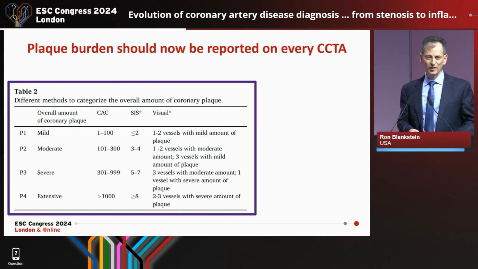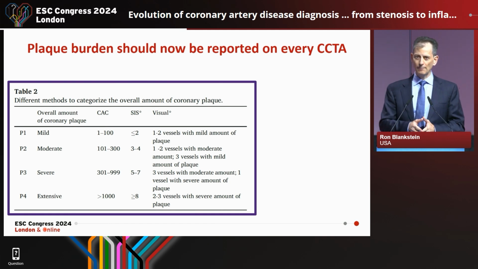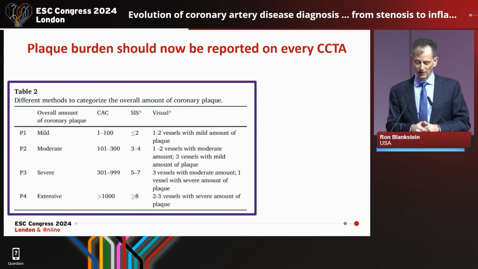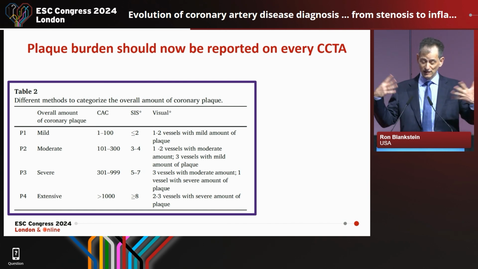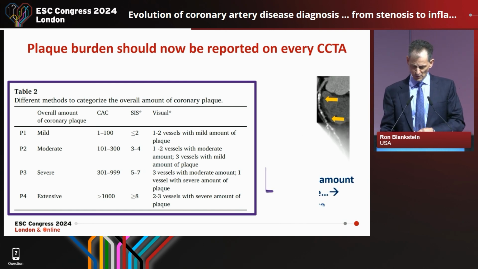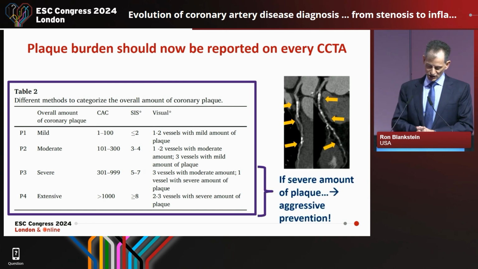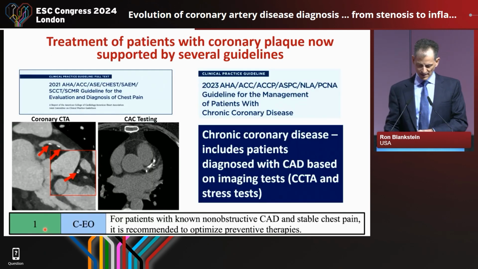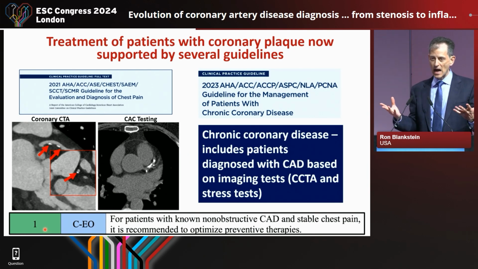There are different semi-quantitative and sometimes qualitative ways to look at a CT and assess how much plaque there is. This is, by the way, not based on fully quantitative plaque detection. That's coming in the pipeline as well. But the message there is that when patients have a severe amount of plaque, our recommendation is to treat those patients with aggressive prevention. And this is actually supported now by guidelines.